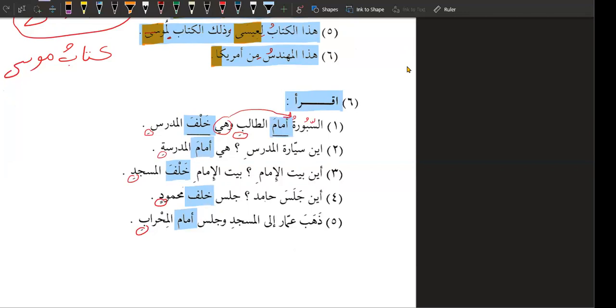So السبورة is a board, like a blackboard or a whiteboard. ما معنى الجملة؟ The board is in front of the student and it's behind the teacher. جيد.